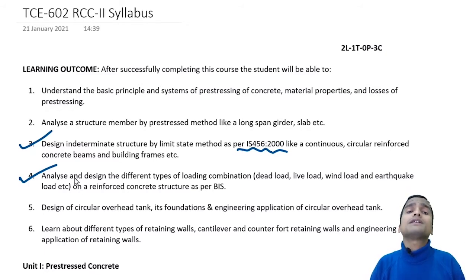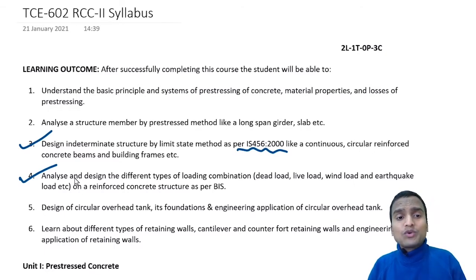There are different types of water tanks, not just overhead tanks. There are ground tanks and underground tanks, and there can be different shapes also: circular, rectangular or square, or even conical.